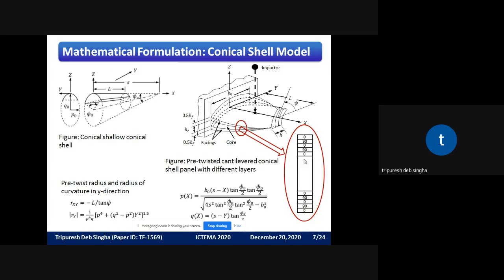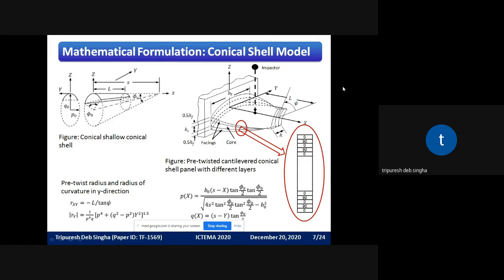HC and HF are the thickness of the core and the thickness of the face sheet, and H is the total thickness. The conical shell panel is considered as a cantilever, that means one end is fixed and the other end is free. The orientation of the fibers in the composites is 0, 90, 0, 90, 0 in the top face sheet, and similarly in the bottom face sheet.